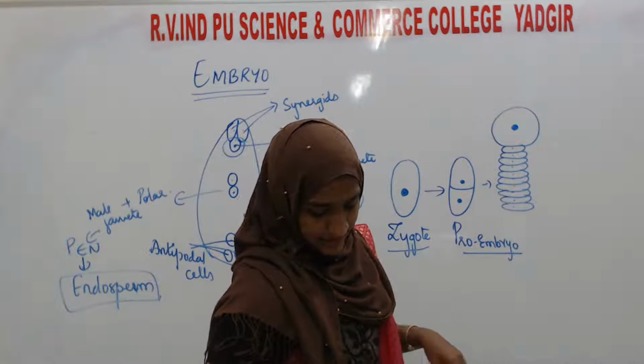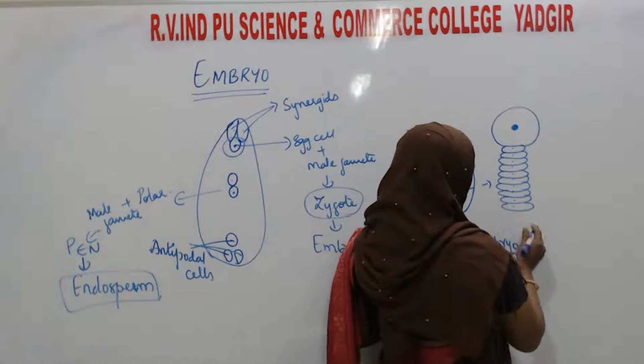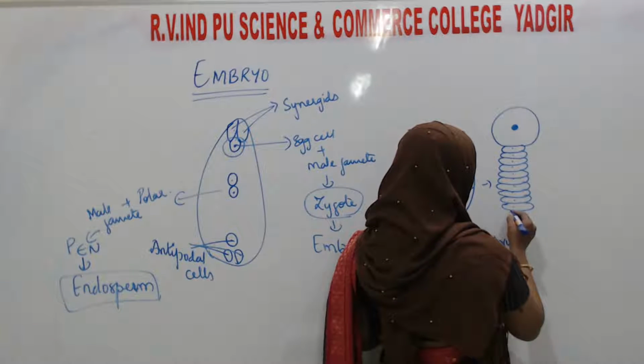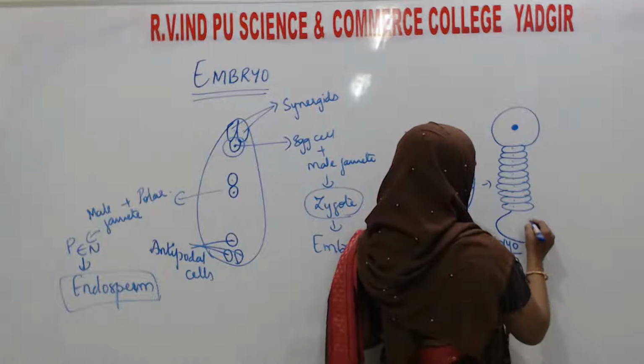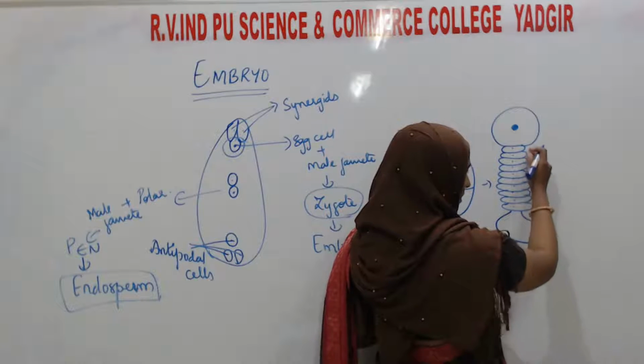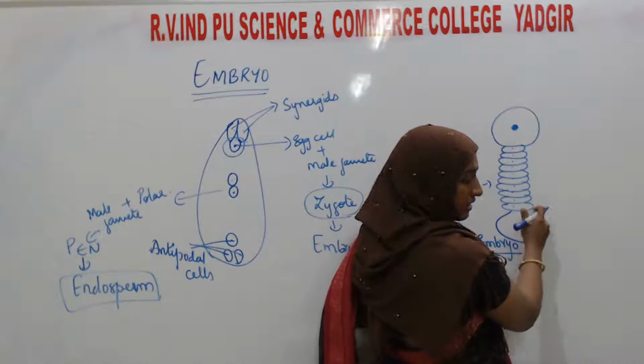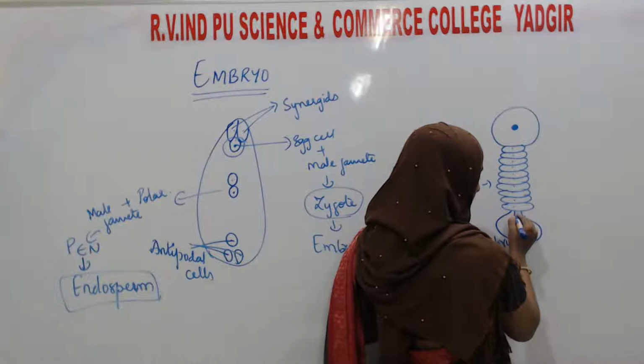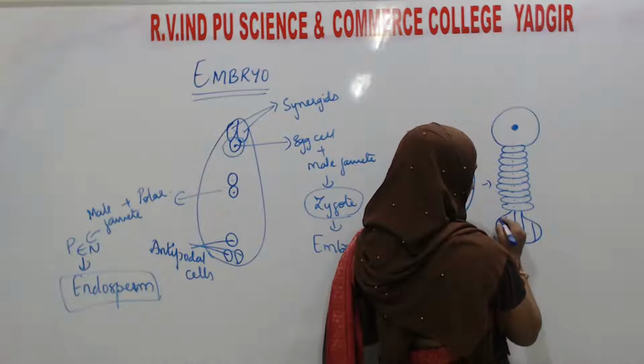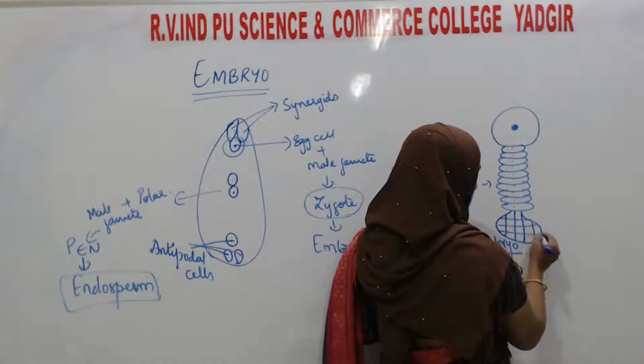And you can see here, after some division, here it is going to form. See, here the division is transverse. Then again here it is going to divide in a horizontal way and then in a transverse way.